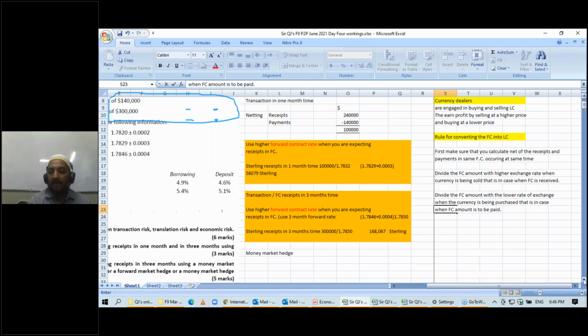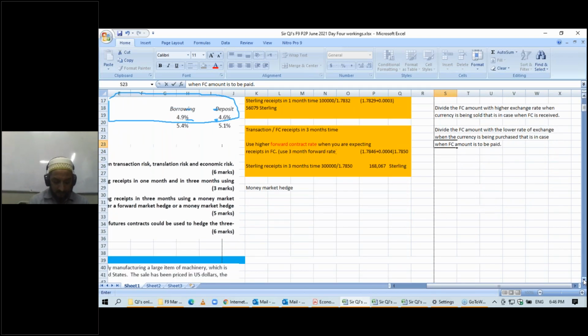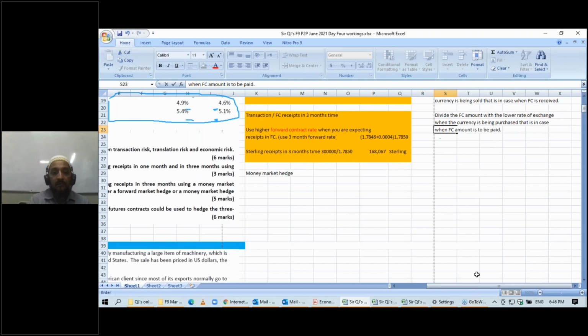Okay, now the money market hedge. Now what happens in the money market hedge? How will we make the money market hedge? So let me first explain what a money market hedge is.